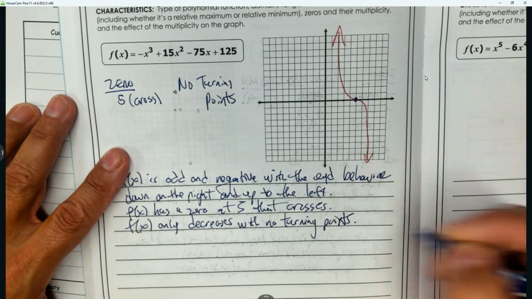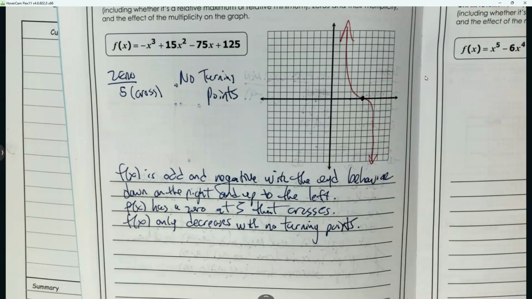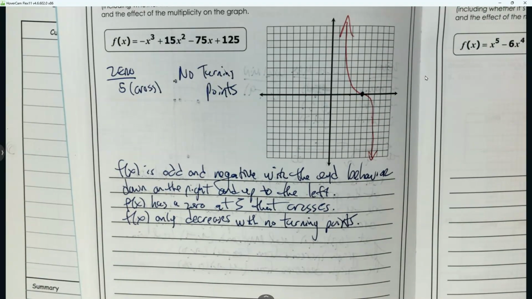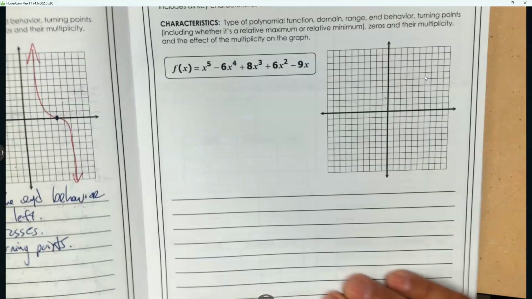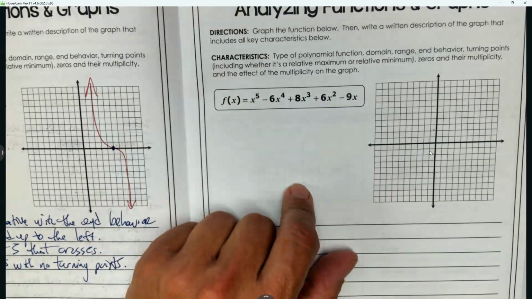All right, let's look at the last one. So those are the important facts: the end behavior, zeros, turning points, increasing and decreasing. We covered that all. All right, last one here for the lesson. Let's type that in.